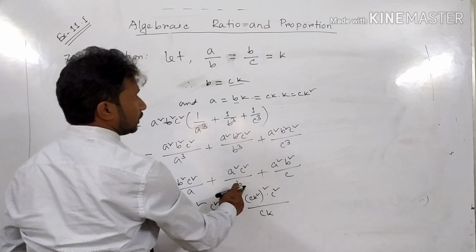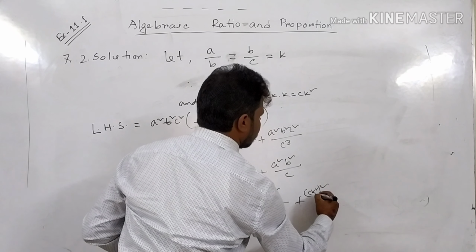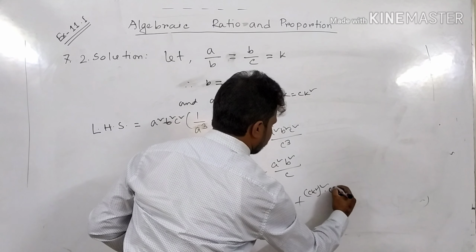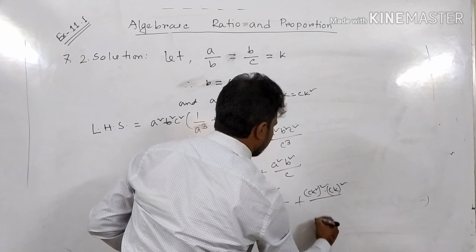Value of b was ck, plus a square ck square then into ck square divided by c.